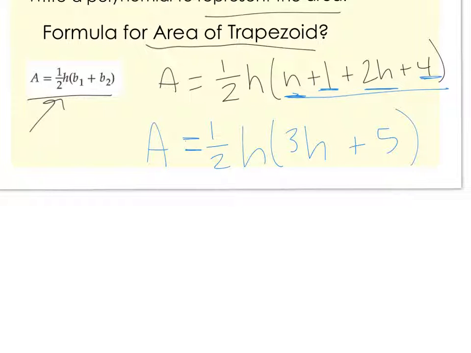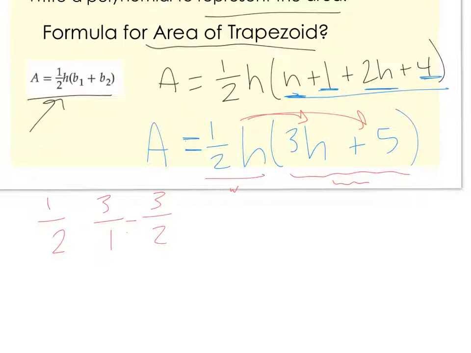And now I'm going to use that distributive property because I see a term in front of a set of parentheses with terms inside that. And again, this is a monomial times a polynomial here. So I could use whatever method I would like, vertical, horizontal, or box method. I'm going to use the horizontal method, the distributive property, and multiply those across. And 1/2 h times 3h, if I write this over here, 1/2 times 3 over 1 is 3 over 2.